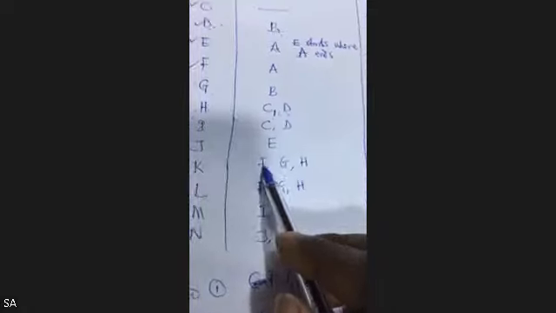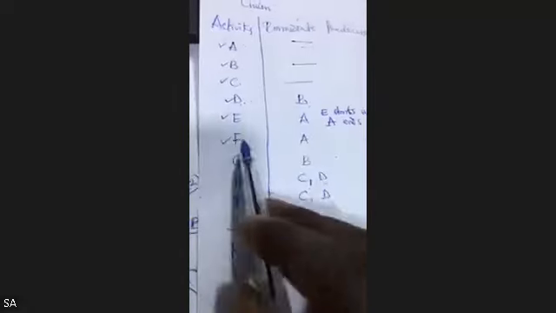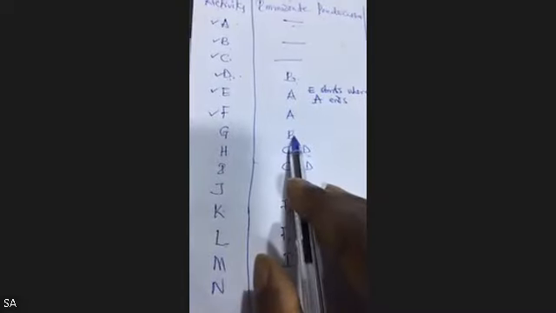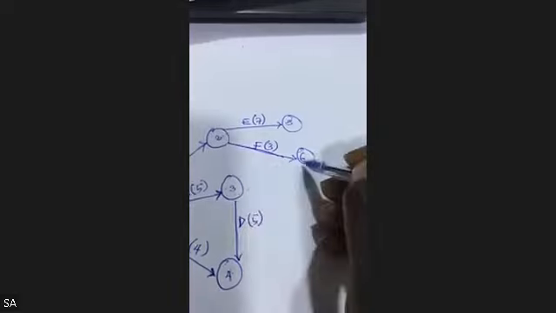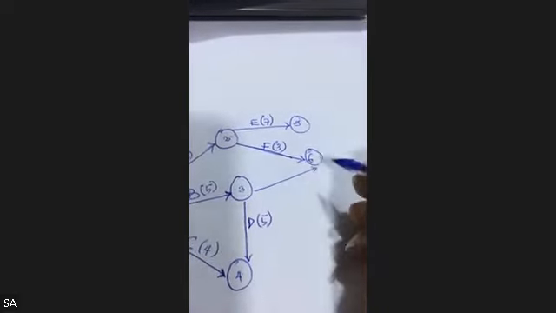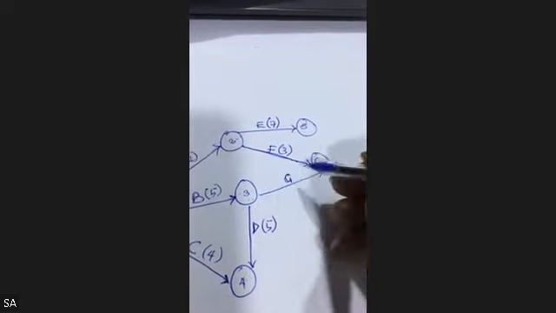Now G is about to take place, but G is starting from B. So where are we taking the arrow to? We have to take the arrow to where I have node 6. So this is G. You can see this is G. And what is the duration for G? The duration is 3.